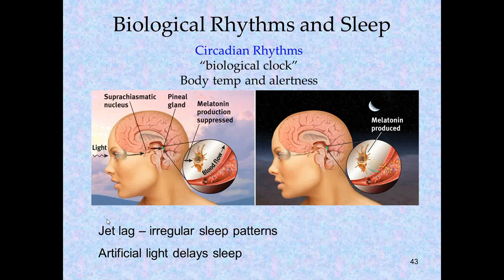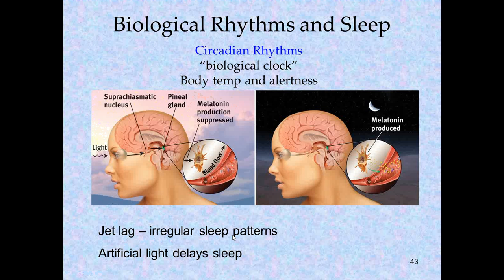Now, there are a few things that can interfere with this whole process, the circadian rhythm of sleep. One is jet lag. If we travel several time zones away from our usual habitat, when we get there, our circadian rhythm, our body clock, is out of sync with our environment.